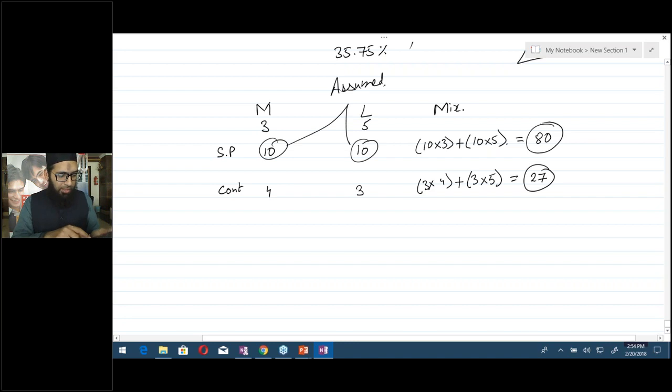So if I divide it by the selling price of the mix, I will have the answer of 33.75%. So this is the weighted average CS ratio.